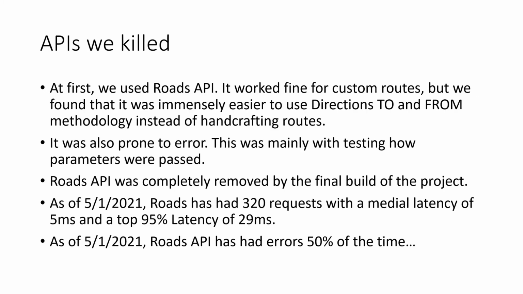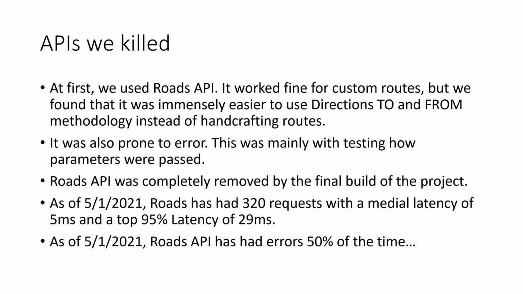So we did use Roads API at first. It was great. We were able to use the interpolation with their breadcrumb system that estimates where the road would be. That's great with Snap to Road. The only big problem with that is that we would have to handcraft the routes, and that got quite tedious.